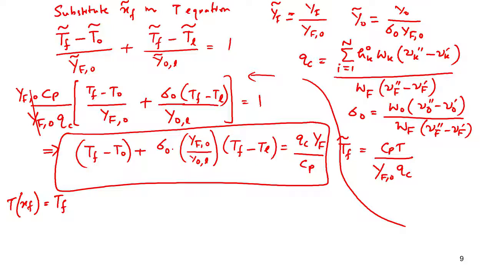Now what does this mean? What is the significance? To understand the significance, on the right hand side you have QC, that is a chemical heat release, and which is given by this times YF, that is the heat release you get by burning YF kg of fuel. Now where does YF come from?